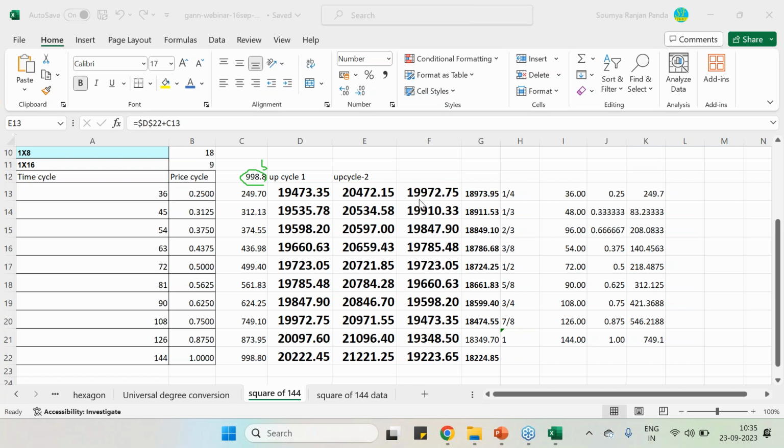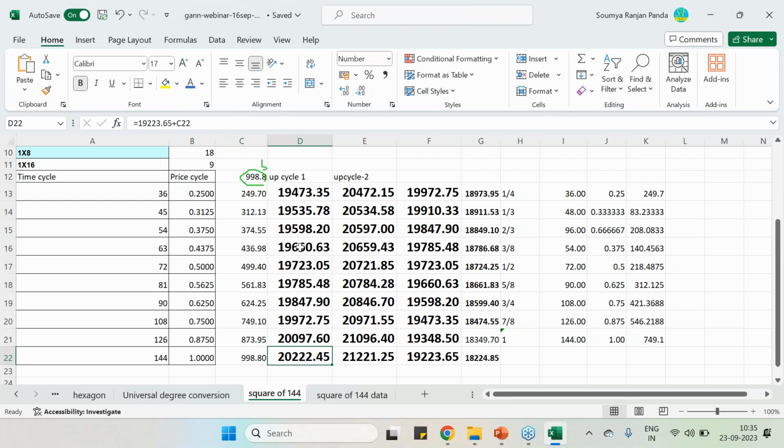This month's low. 20,222.45 is this month's high, and this is the low, 19,222.63. This month's low, this month's high. You can go on adding. So this price cycle is multiplied with the price range it has given. You can take the previous month also. So the current month we are taking. So we got 222 point this thing.